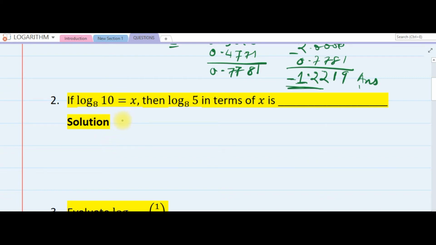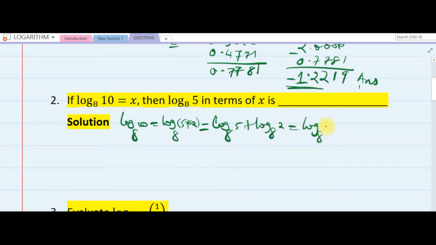So we notice that log 10 base 8 is the same thing as log of 5 times 2 base 8. And again, this could be written as log 5 base 8 plus log 2 base 8 from the law. Log 5 base 8 is what we are looking for.